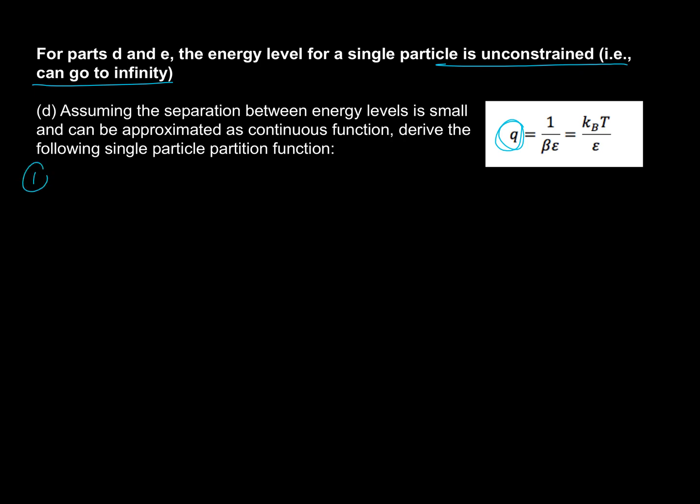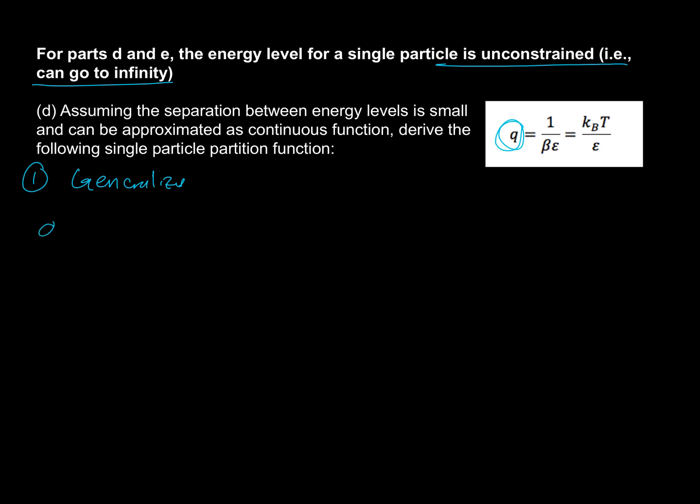So step 1 is we need to generalize. Our partition function only has 3 entries. We can't scale that up to an infinite number. Right? So what we need to do is generalize our single particle partition function. Can somebody think of a simple way to generalize it? Integral. Let's go one step back. Let's talk about the summation.